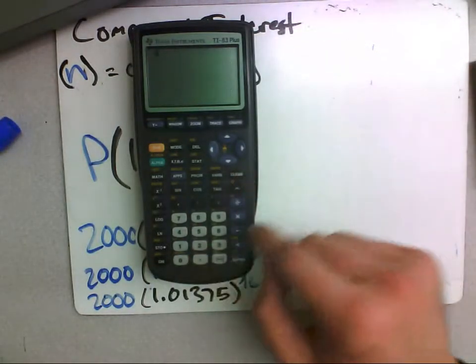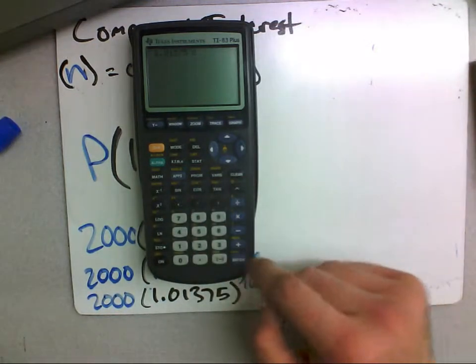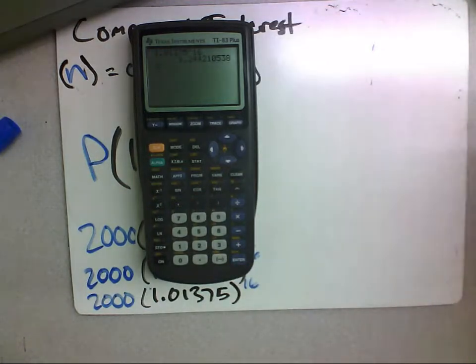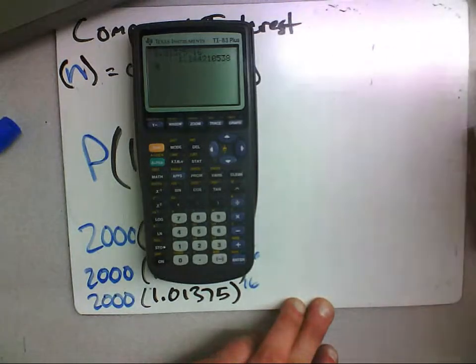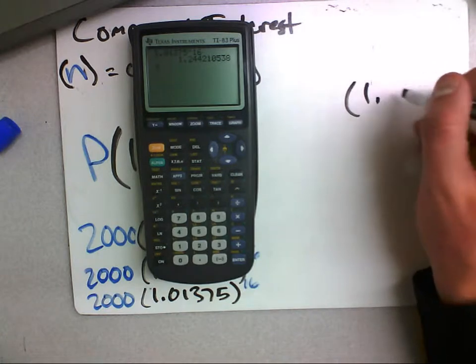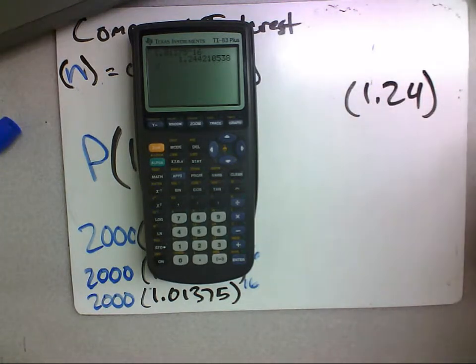What is 1.01375 raised to the 16th power? We should get, inside of that parentheses there, round it off to 1.24 just for the heck of it.